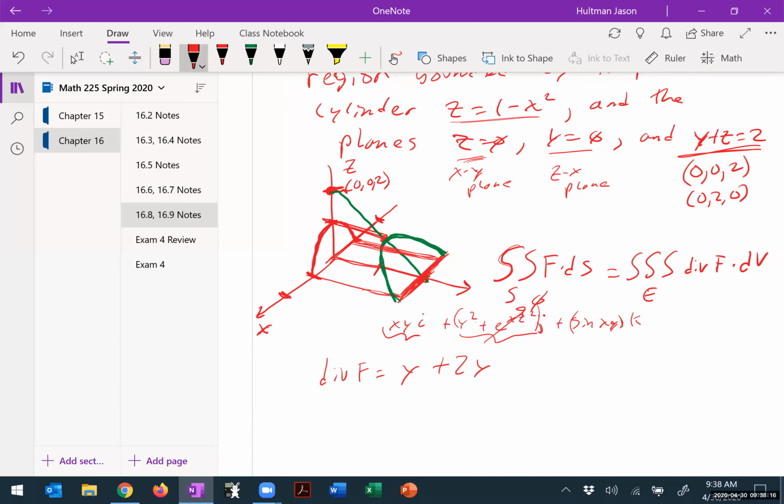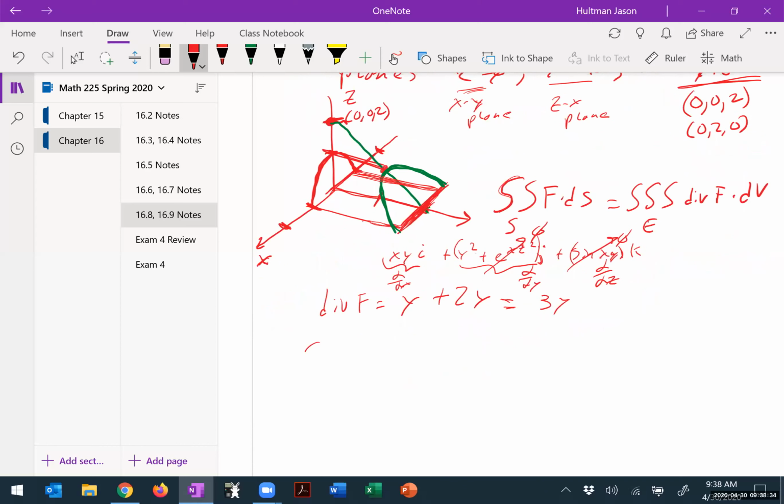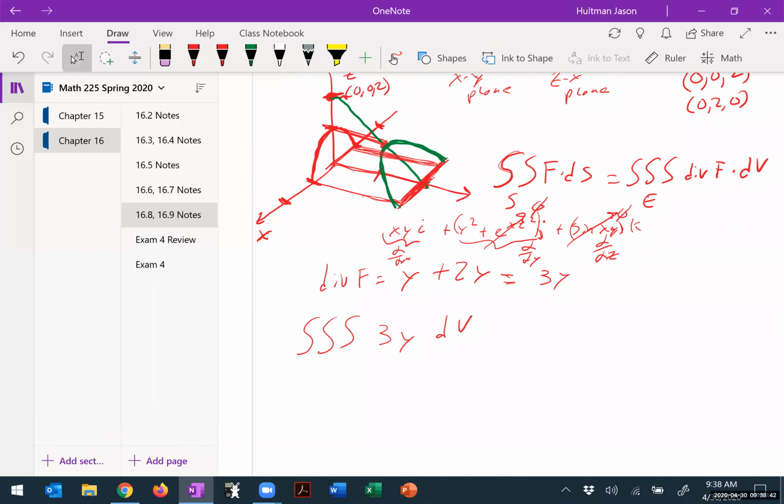That doesn't contain a z, right? This is d dx, this is d dy, this is d dz. This doesn't contain a z, so that goes to 0. So we're just left with y plus 2y, which is 3y. That's the divergence. So we have a triple integral over 3y dV of our volume here.